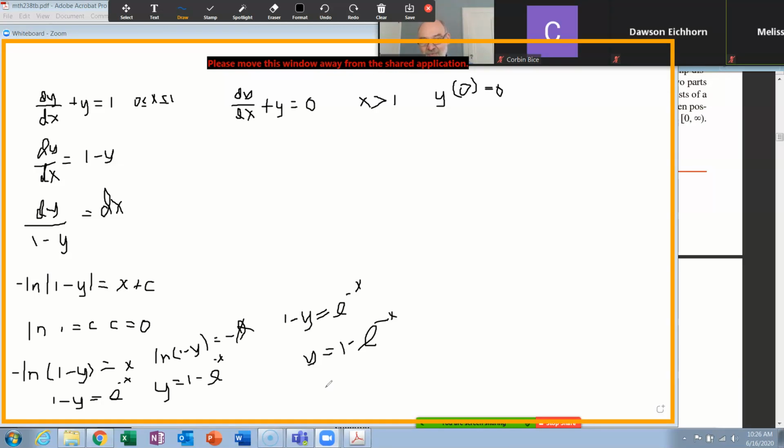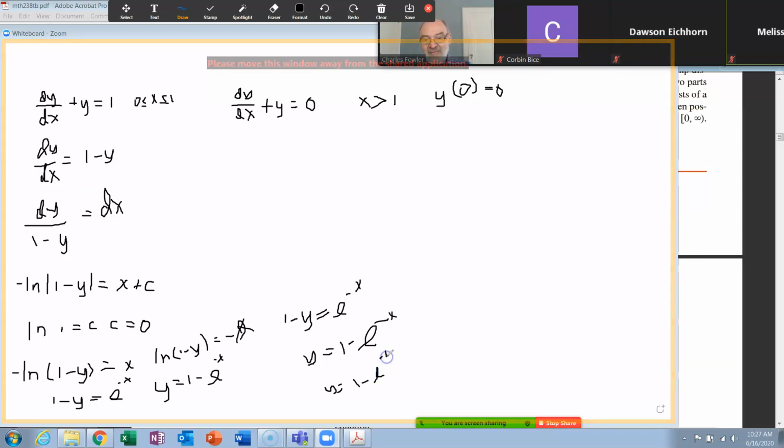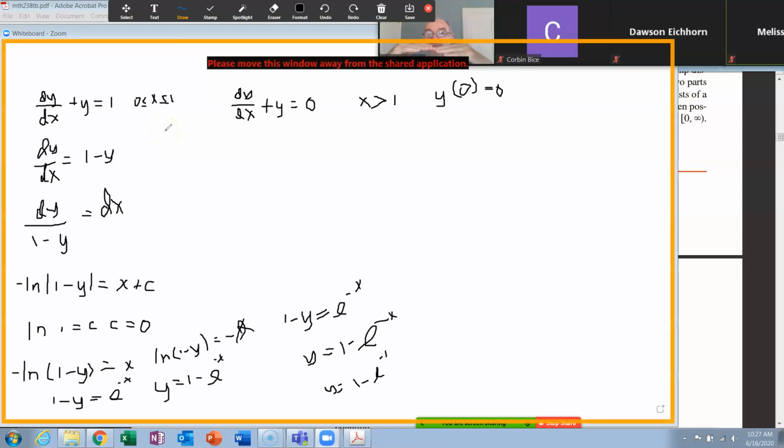When x is equal to 1, y is equal to 1 minus e to the minus 1. That's going to be our initial condition for this one. It's not really initial, it's when x equals 1, but it's this end, because this thing's got to match this one. It's a piecewise defined function, but the solution can't have a discontinuity.